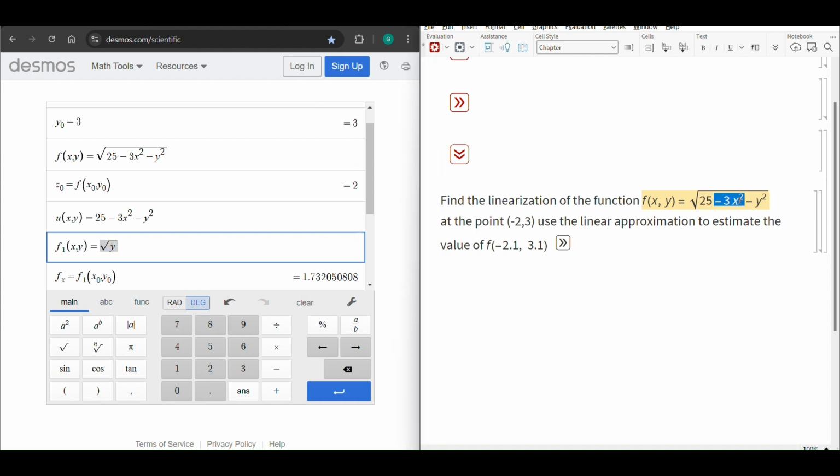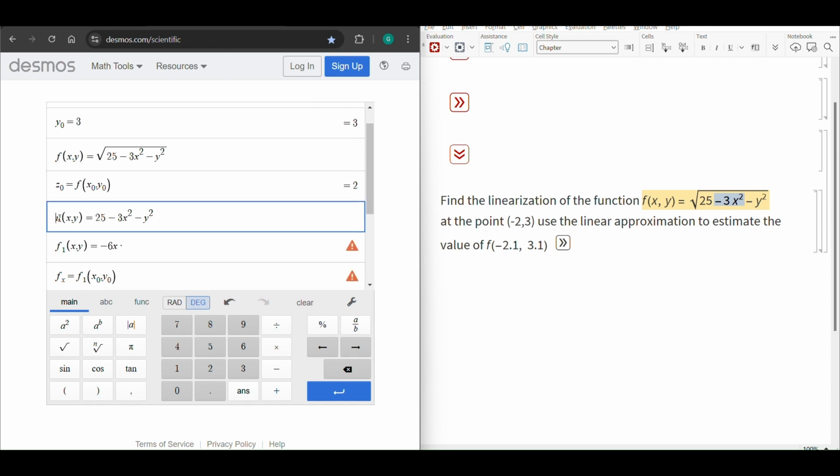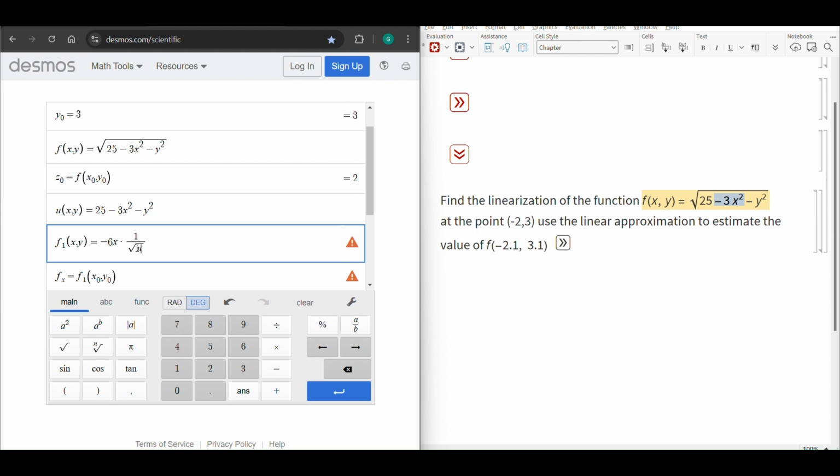So the partial derivative of negative 3x squared becomes negative 6x, multiplied by the derivative of the square root of u, which we know is going to be 1 over 2 square root of u. I'm saying these things weird, but trust me, it's correct.